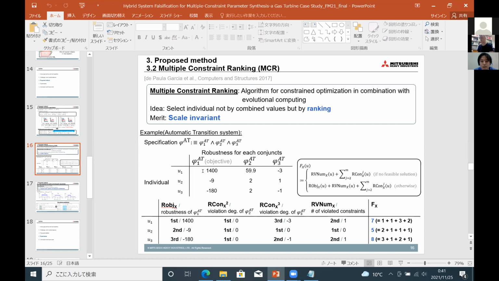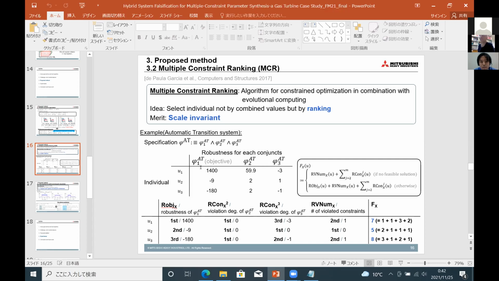So the question is how to superpose these different fitness functions. Usually we would take the minimum, the numerical minimum, which is a bit strange because these different fitness functions might have different scales. That's why we take the ranking, as shown on the bottom of this slide. There's a table on the bottom of the slide.